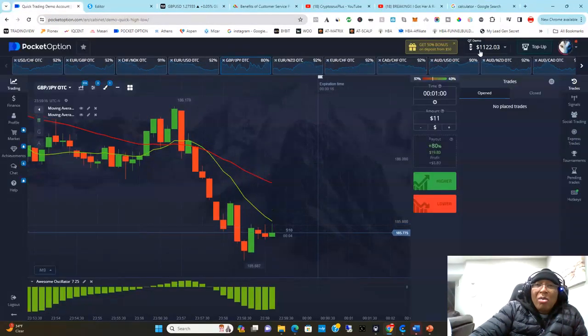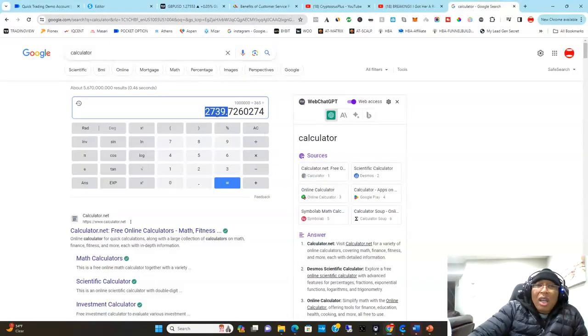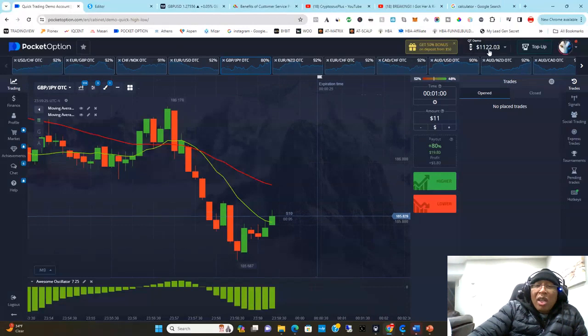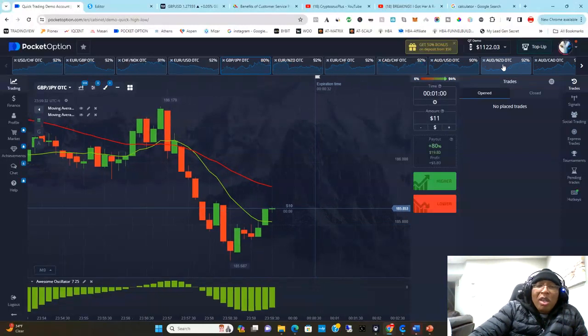Literally all we have to do is try to double this account to 2,000 every day, using the power of compounding. Doubling your account means growing it by 100%.